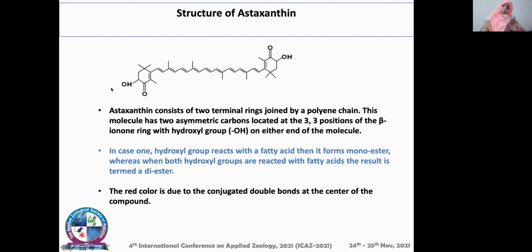In case one hydroxyl group reacts with the fatty acids, it forms monoesters, and if both the hydroxyl groups react with the fatty acid, it forms diesters. And the red color of this compound is due to this long chain and conjugated double bonds at the center of these two rings.